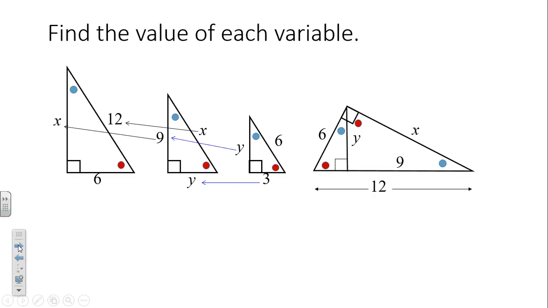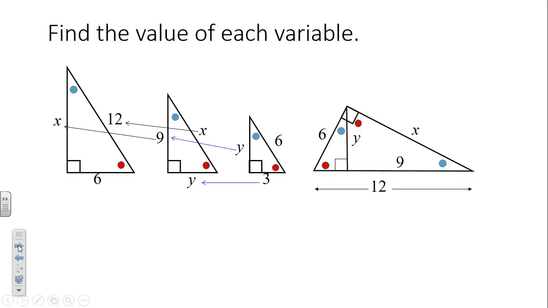So if we pull this big giant triangle apart, our long leg is x, our shorter leg is 6, and our hypotenuse on that one is 12. Got it?